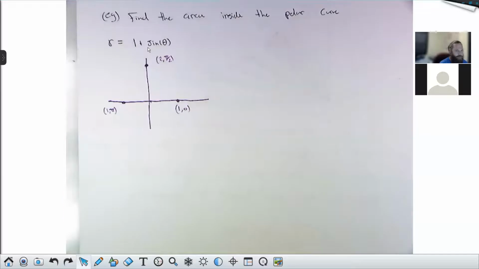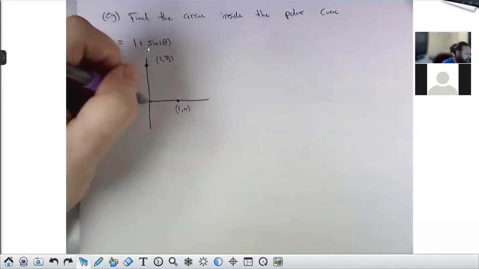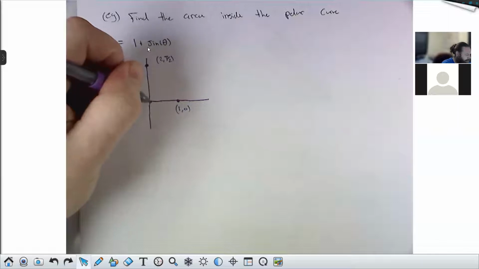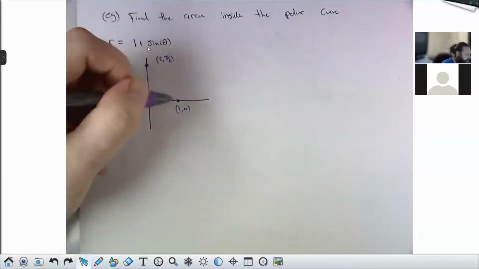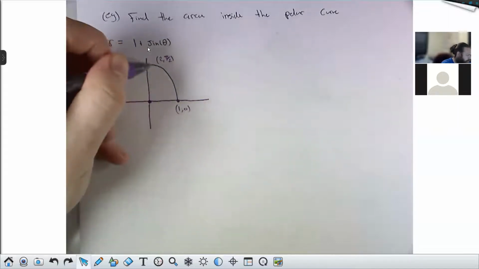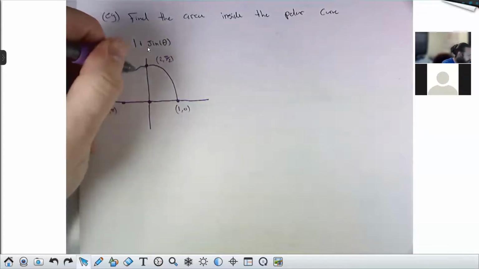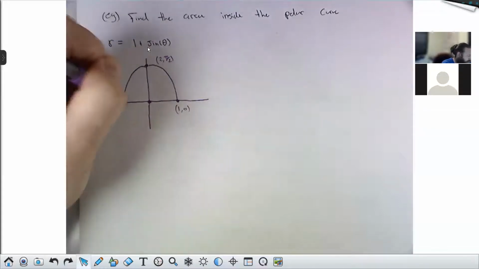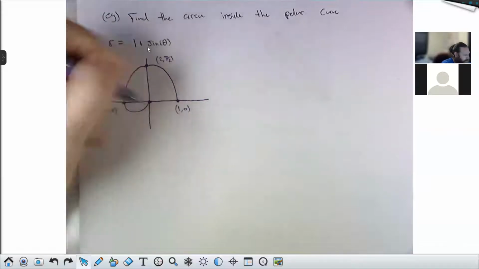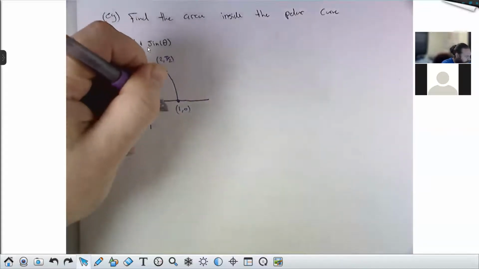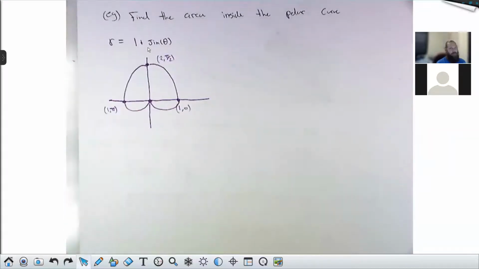So this is a cardioid that's kind of flipped upside down, right? And of course, when theta is 3 pi over 2, we're at the origin. So the curve here is something like this, and then the cusp in here. There it is.